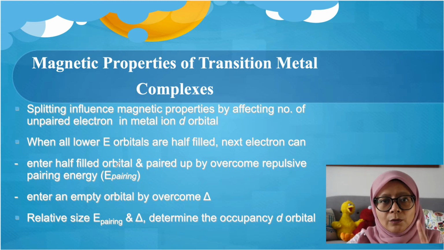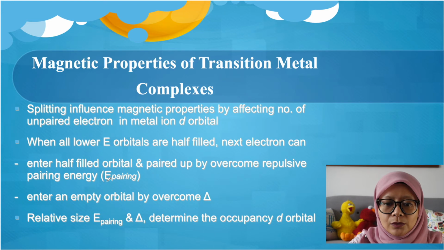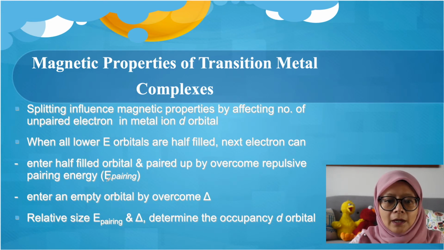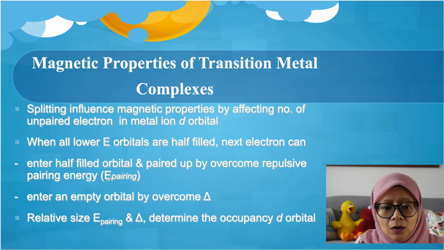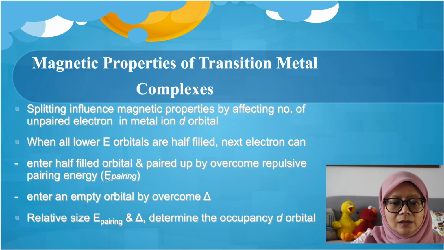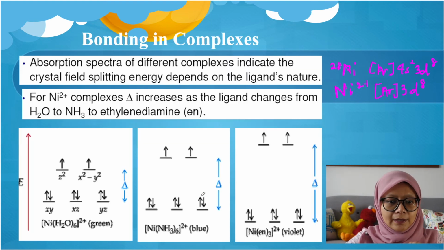First one, it will enter a half filled orbital and start to pair up by overcoming the repulsive pairing energy. And second one, enter an empty orbital by overcoming the delta. So this is what happened in the previous example here.